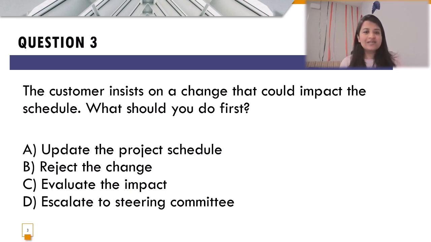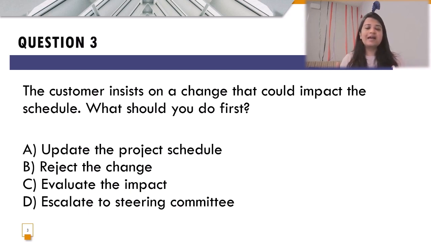If you don't understand what impact this change is going to cause, you won't be able to set a new schedule, or understand whether to reject or accept the change, or even whether you need to escalate it to the steering committee. You would need a proper analysis that the requested change may cause changes to tasks A, B, C, D which are associated with this project.